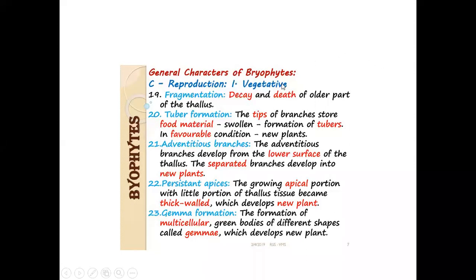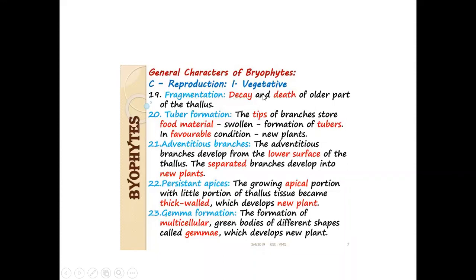By vegetative means, the vegetative parts of the plant, that is of the thallus, take part in producing a new thallus. How is it happening? The first one is called fragmentation.